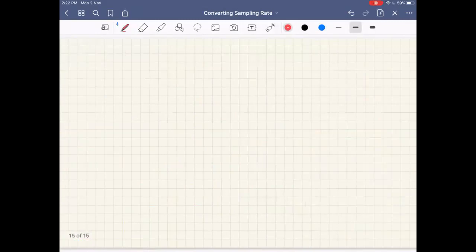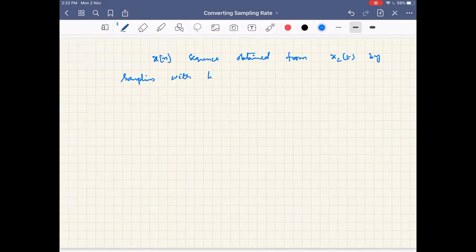Now let's move on to the discussion on what happens when we do upsampling. Let x of n be the sequence given to us, obtained from xc of t by sampling with time period capital T, that is with a delta train.